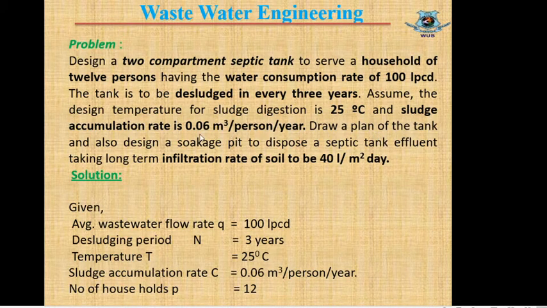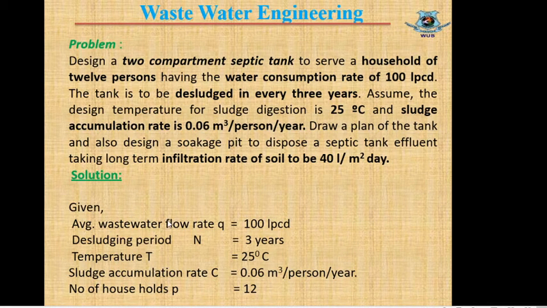And draw a plan of the tank and also design a soakage pit to dispose of the septic tank effluent. The long-term infiltration rate of soil is 40 liter per meter square per day. That means the value of I is 40.